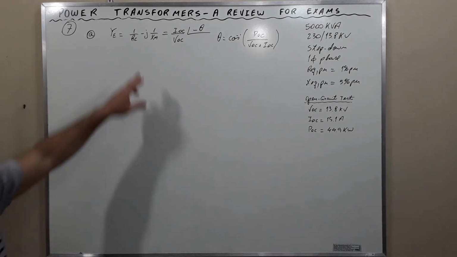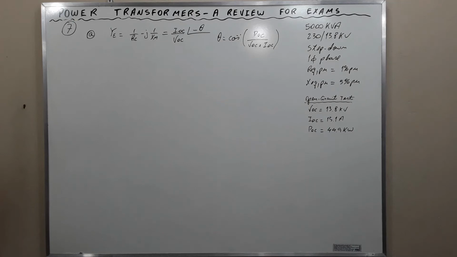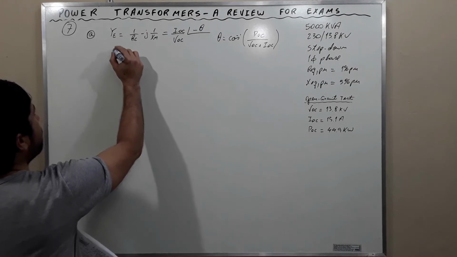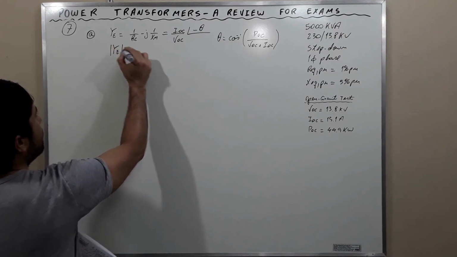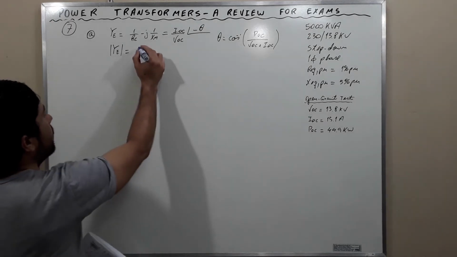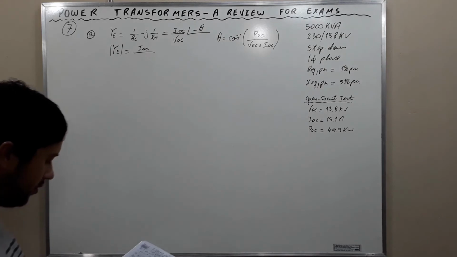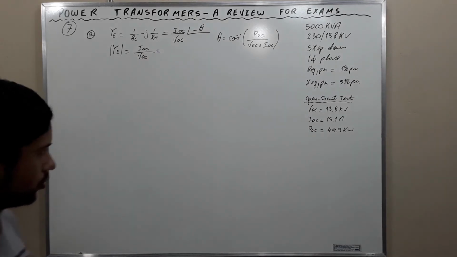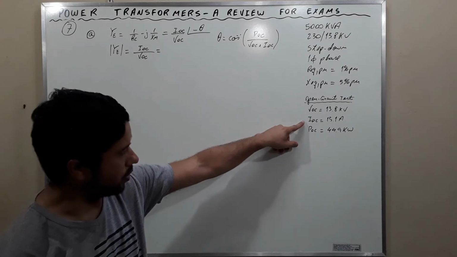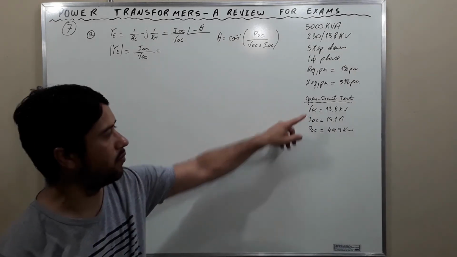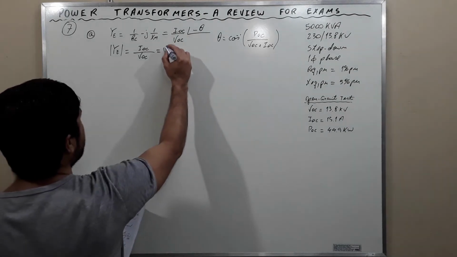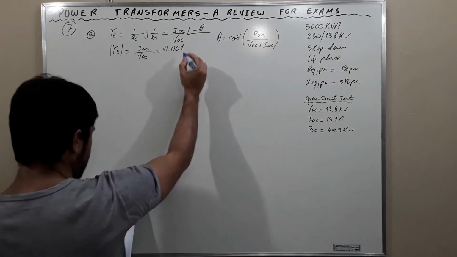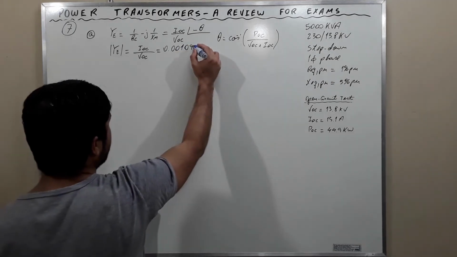The magnitude of the excitation admittance is the open circuit current divided by the open circuit voltage, which is 15.1 amps divided by 13.8 kV, and this gives a value of 0.0010942.